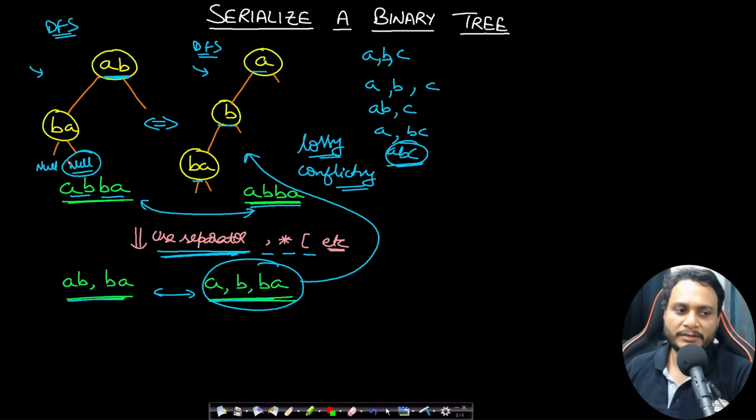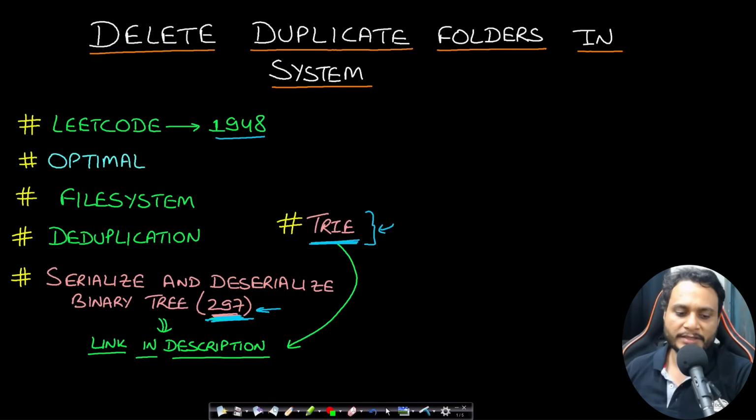Okay, so you should have another separator for the null pointer so that you can generate the exact unique tree from where you got this serialized string. But in this problem, deserialization and exact reconstruction of the tree is not required. So we will only use the serialization technique. Okay. So for more details, look at the video 297.